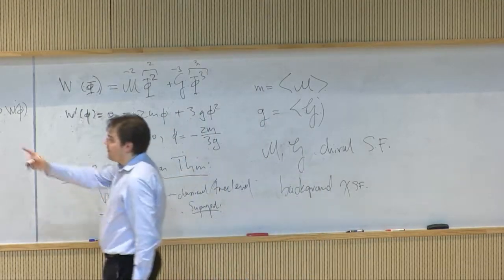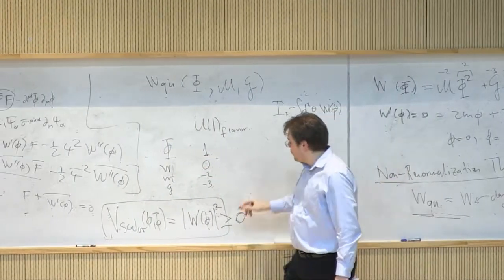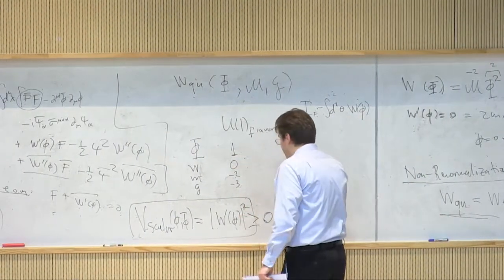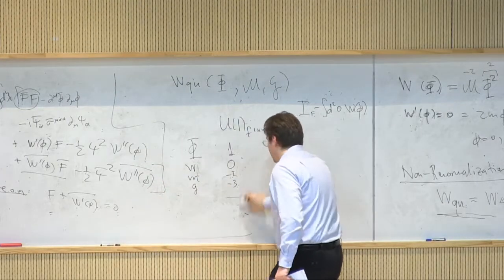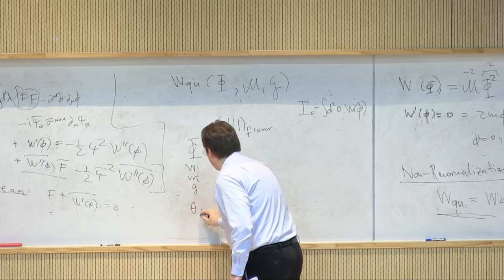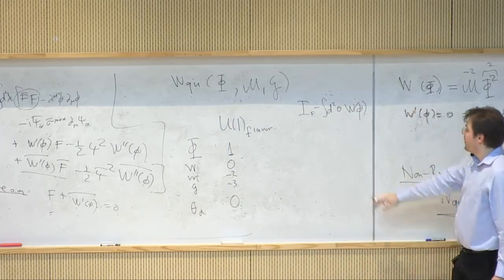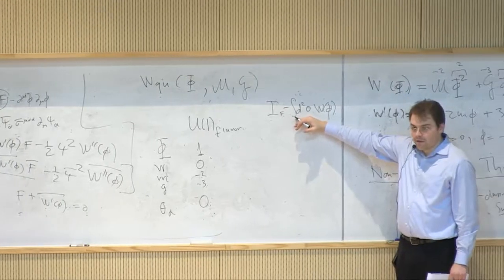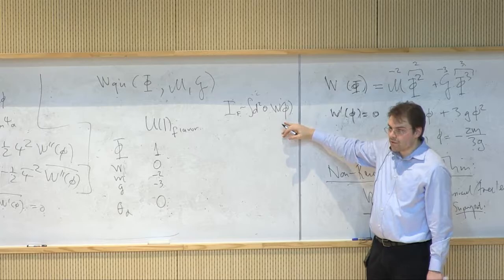Okay, so if the Q's are neutral under a flavor symmetry, then theta must similarly be neutral under a flavor symmetry. Let me also write an entry in this table for theta. So the theta coordinate, the superspace coordinate, has to be neutral under flavor symmetry. And if theta is neutral, then the only way that the whole F term can be neutral is that W is also neutral.